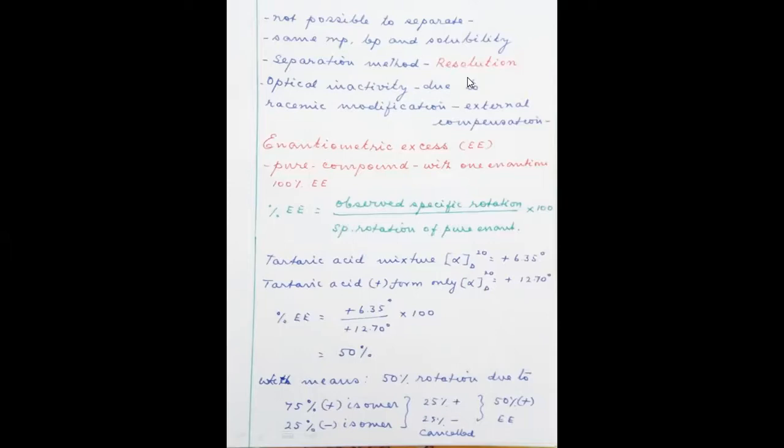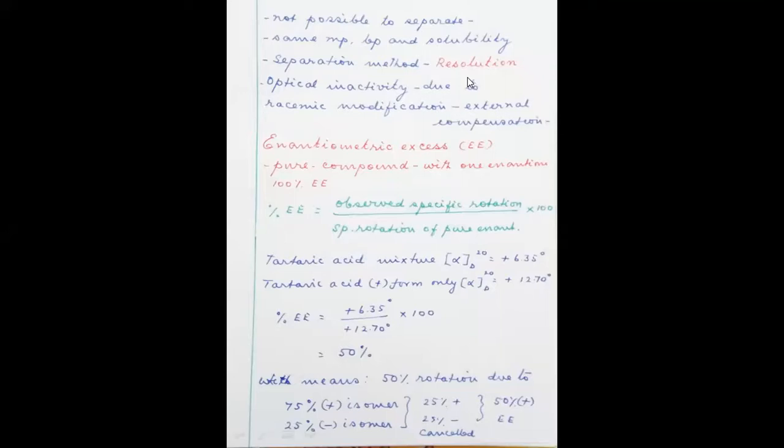So the racemic mixture, suppose a racemic mixture is having one particular component in excess, it is called enantiomeric excess, EE. See, this calculation is very important when you study enantiomerism.